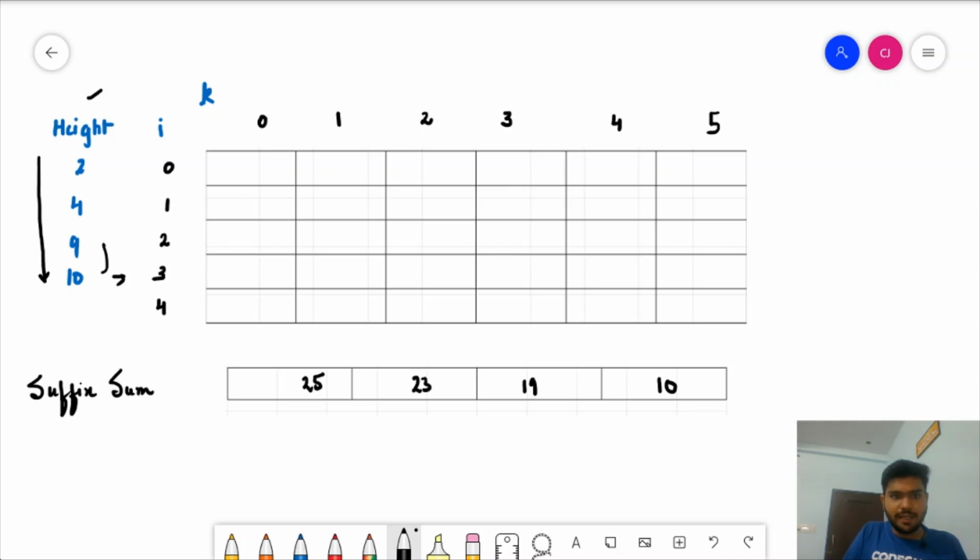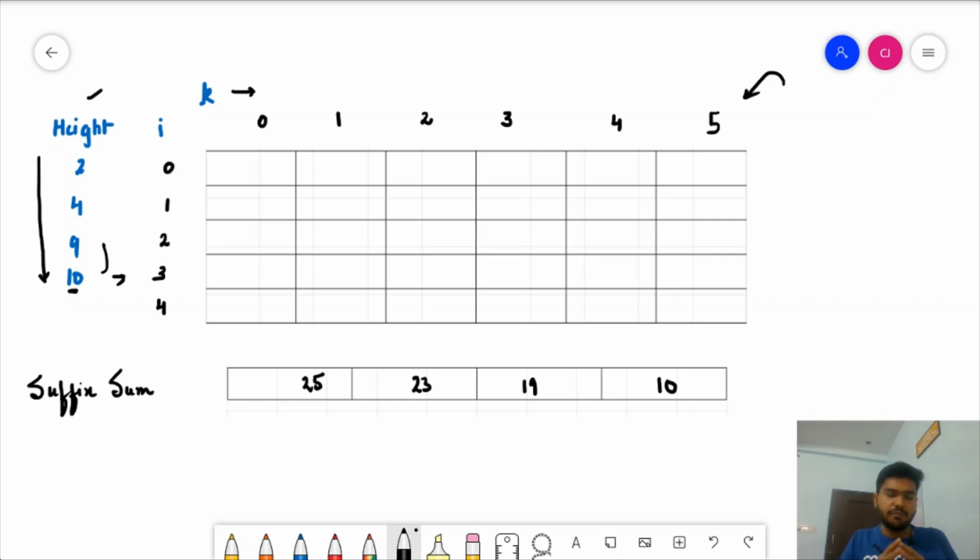So in this portion we are storing the values of k that vary from 0 till the value of k that we have in the solution, that is 5, and here we are taking the heights, right? So for this particular height 10, how many boxes are required for the value k?